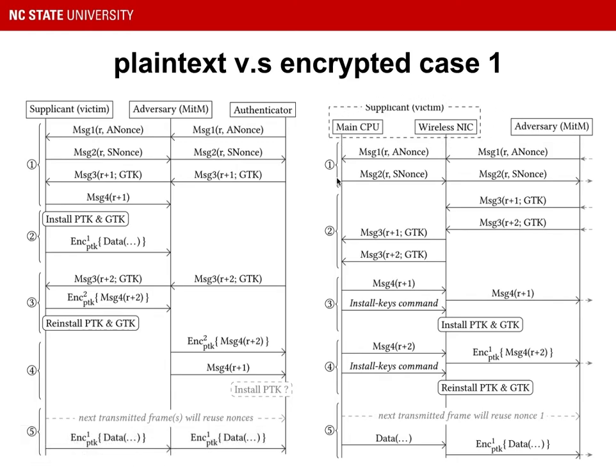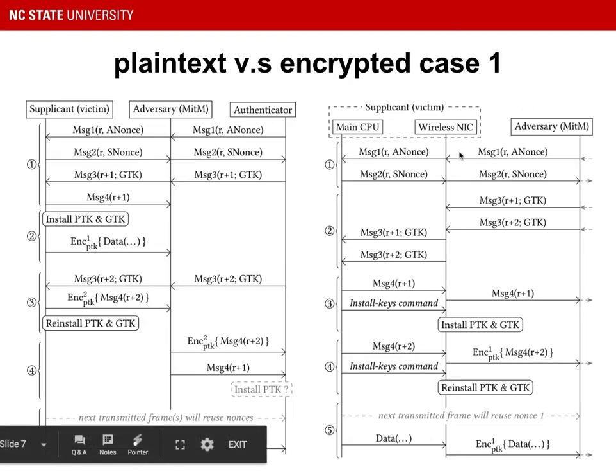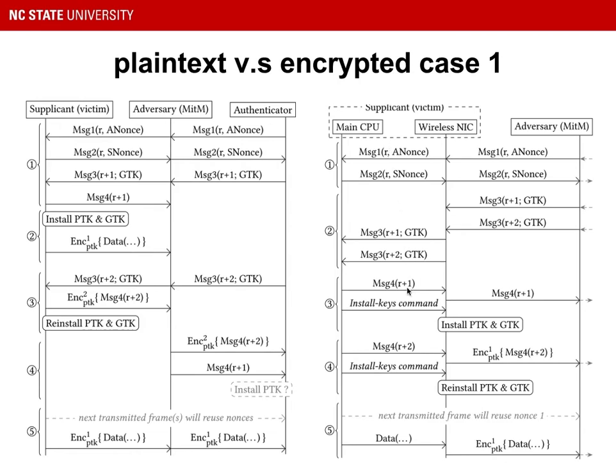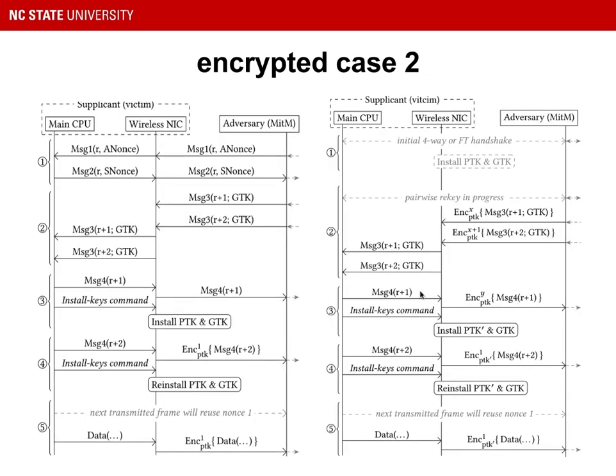It is also important to note that in the encrypted case 1, the vulnerability is not from the state machine, not from the design of the four-way handshake, but rather a vulnerability within the supplicant system between the wireless NIC and the main CPU. So with encrypted case 2, it's almost the same as encrypted case 1.